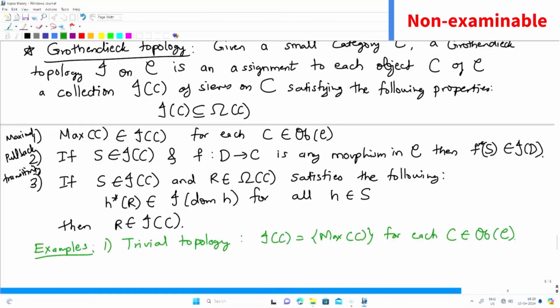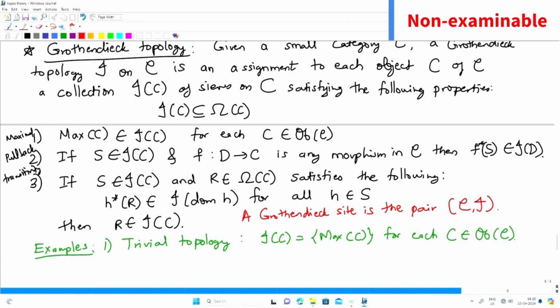Well, maybe I should add one more piece: a Grothendieck site is the pair (C, J). So I'm describing some sites for you.